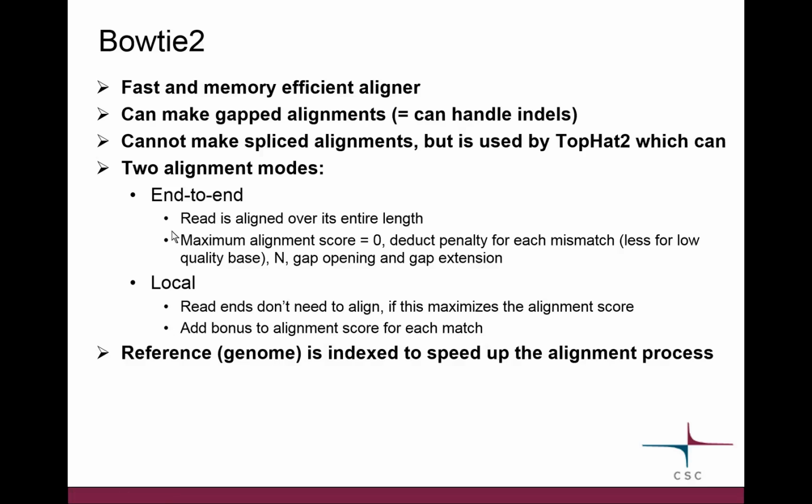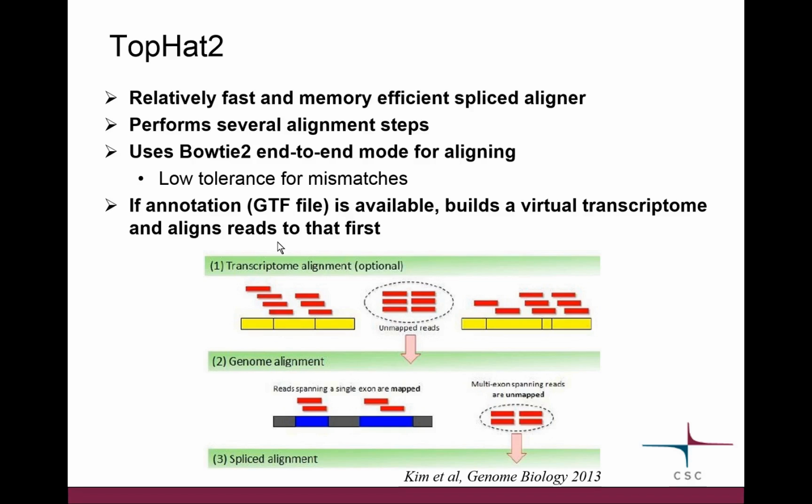So it doesn't tolerate many mismatches in the ends. It has another mode which would allow those ends to be just flipping around, but this is not the case when you run it with TopHat. So that means that actually TopHat doesn't tolerate many mismatches well.